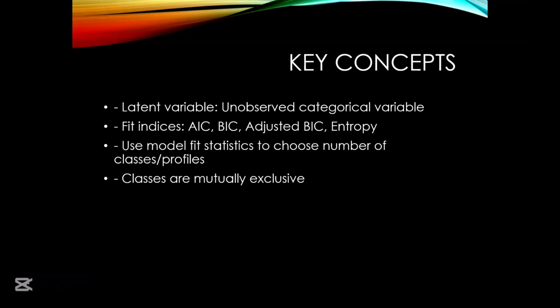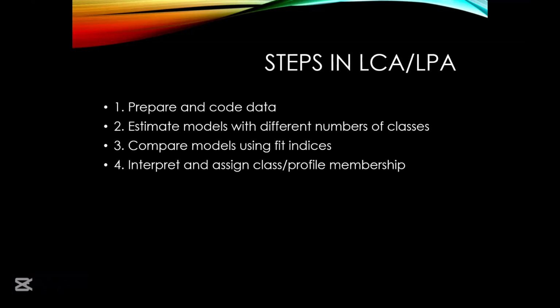So basically we have AIC, BIC, adjusted BIC, and entropy, among others. These are used to choose the number of classes or profiles that we want to use. It is also important to know that these clusters that we come up with are usually mutually exclusive. There's no intersection, they are all distinct groups.